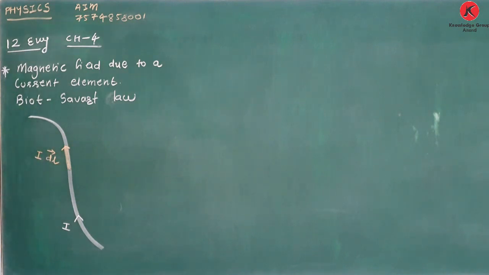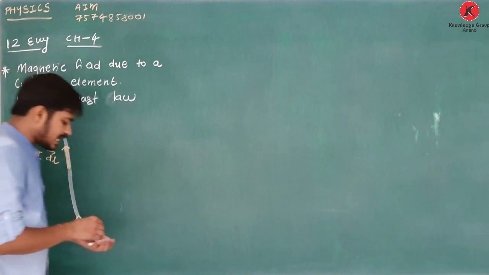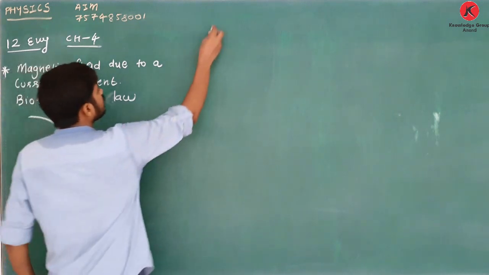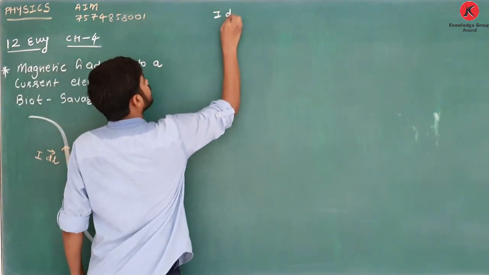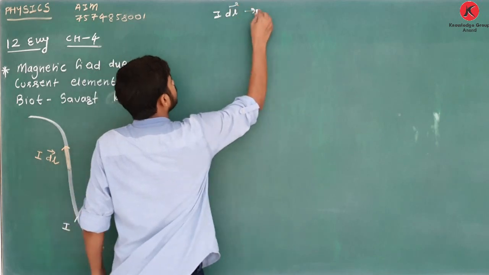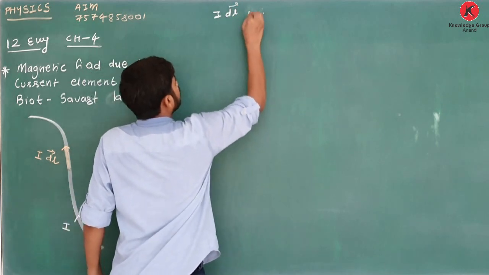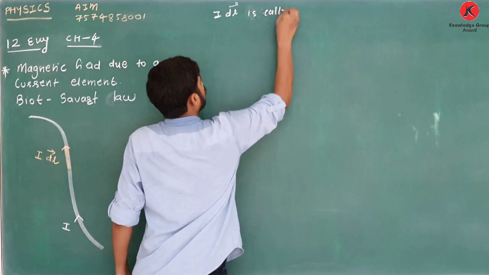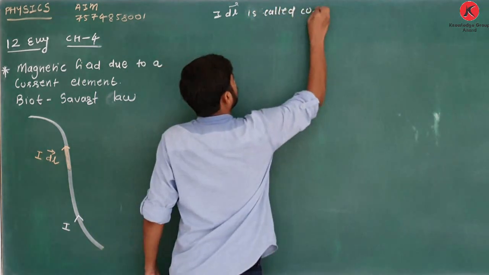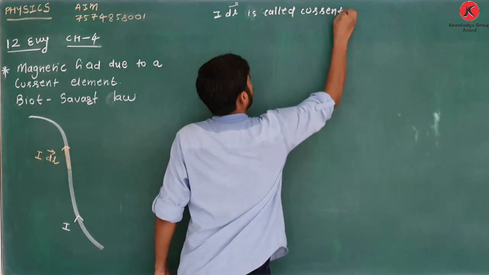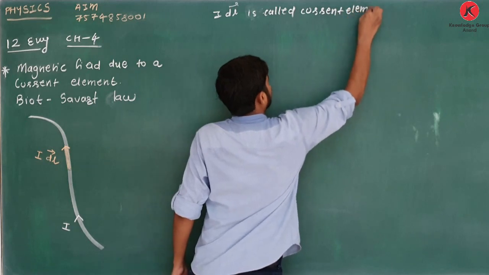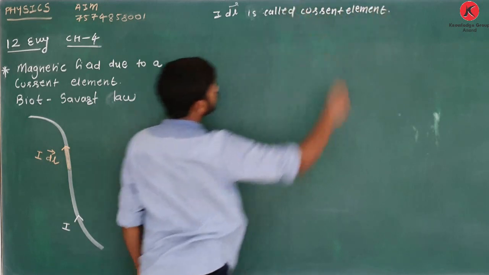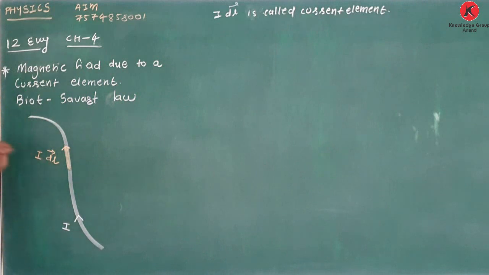So one element having length dl, with current I flowing through it, this I dl is called the current element. Clear about this?